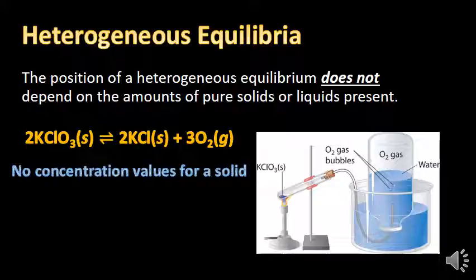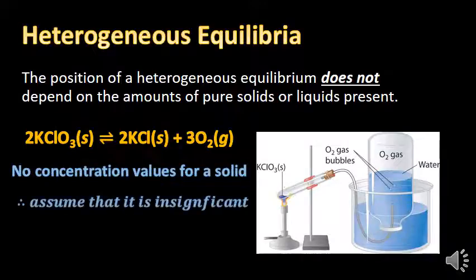We don't have concentration values for solids, do we? We can do grammages, but we don't do concentrations. And so we can assume that its value is insignificant. And because we can assume it's insignificant, we get to ignore the solids. Yes. You get to ignore the solids.